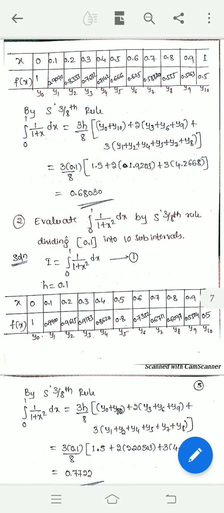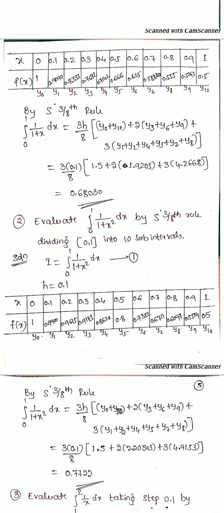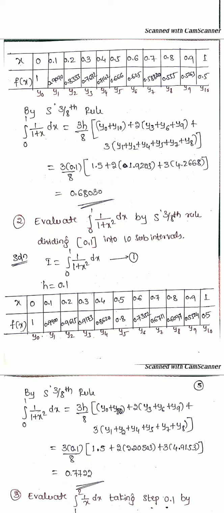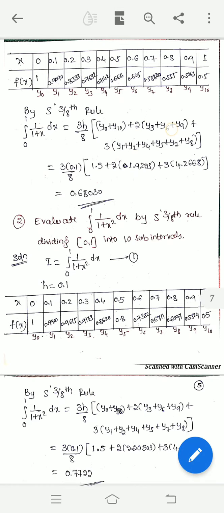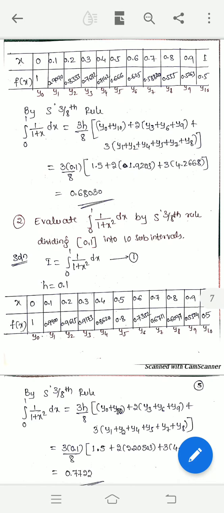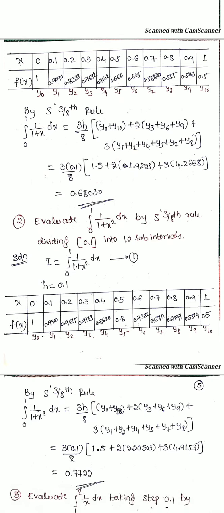3/8 rule, the integration from 0 to 1 of 1 divided by 1 plus x dx is equal to 3h divided by 8 into the first term plus last term, y0 plus y10, plus 2 into the difference of 3 terms, y3 plus y6 plus y9, plus 3 into the remaining terms: y1 plus y2 plus y4 plus y5 plus y7 plus y8, bracket close.